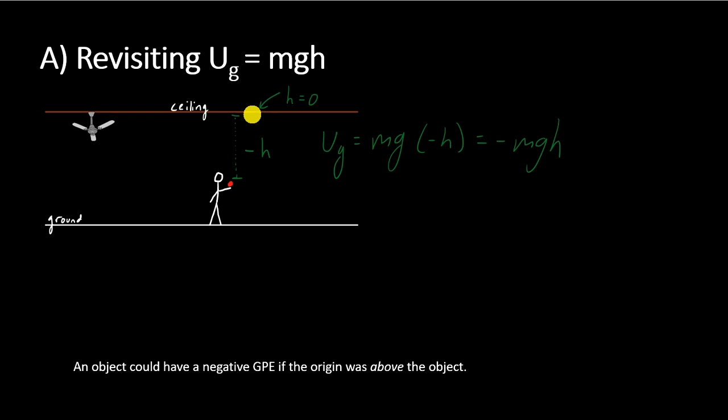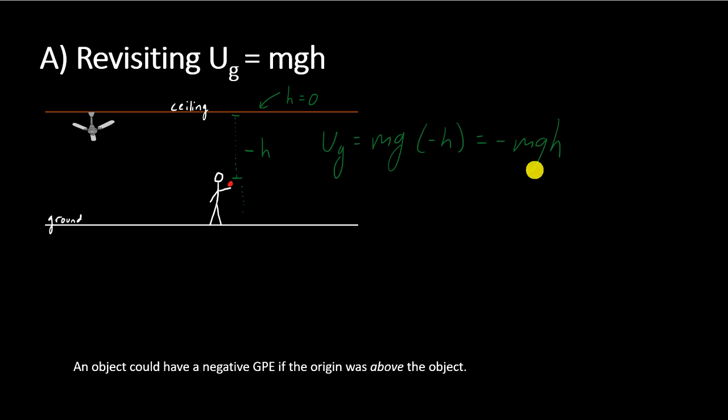Okay, as long as this is always my starting point, my 0 point, I can still approach any conservation of energy or gravitational potential energy problem. It even still works if you imagine the object falling, right? As it's falling, this negative h is getting bigger and bigger.